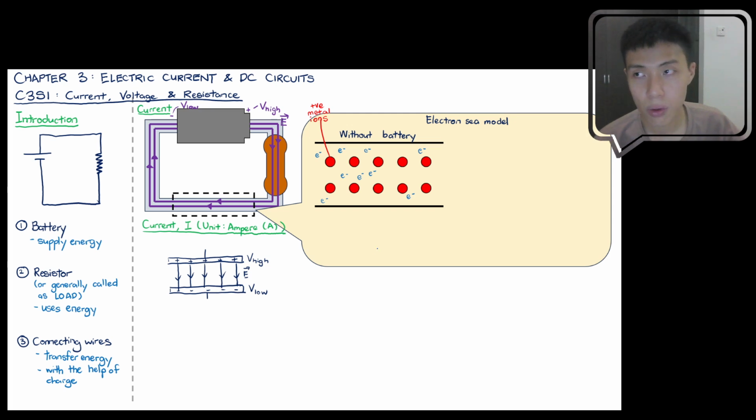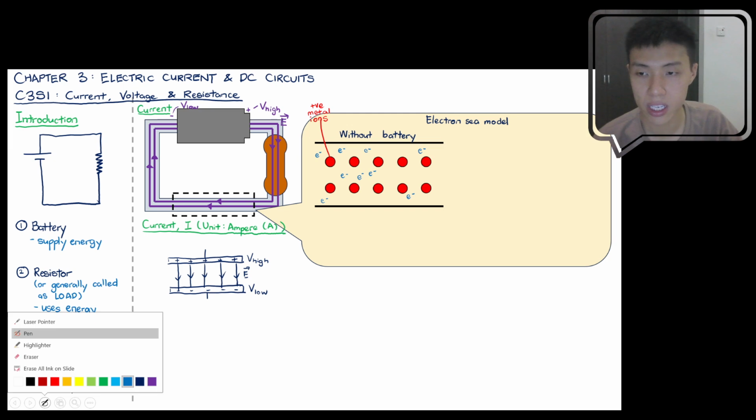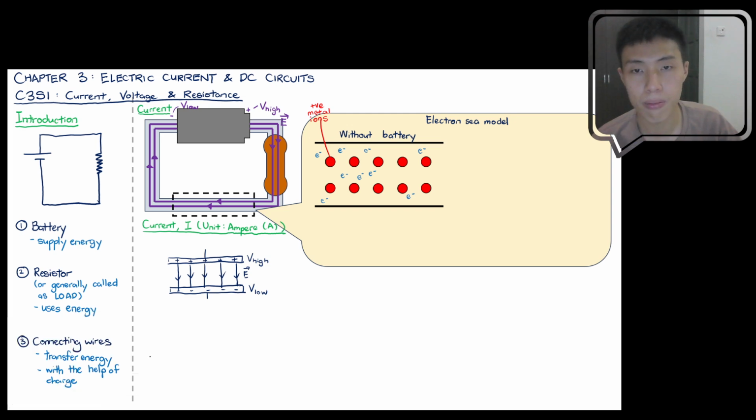Okay, so when we say they are able to freely move around, that means the kind of motion that we should be seeing for the electron should be some kind of random motion. But we know that electrons actually move very fast. So we should expect the motion of the electron to be fast, random motion.